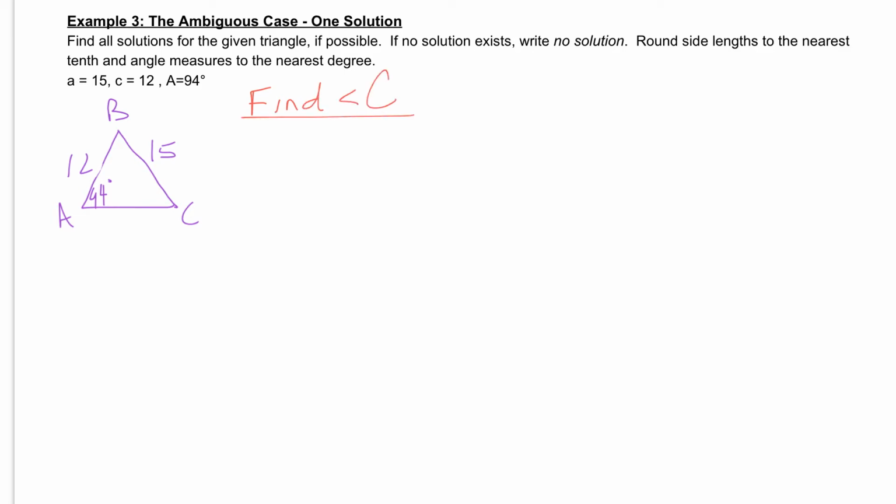To find angle C, using the law of sines, using a and angle A, we would have the sine of 94 degrees over 15 equal to the sine of C over 12.